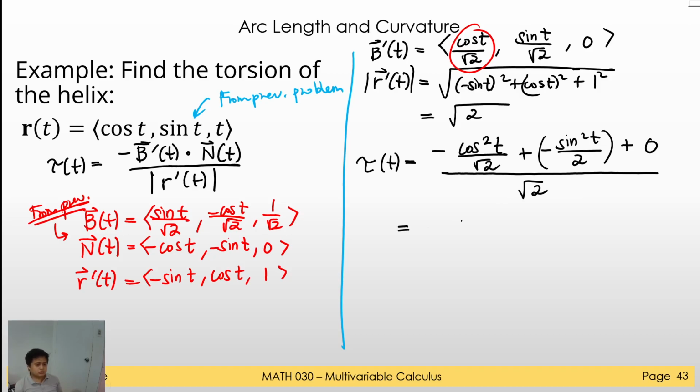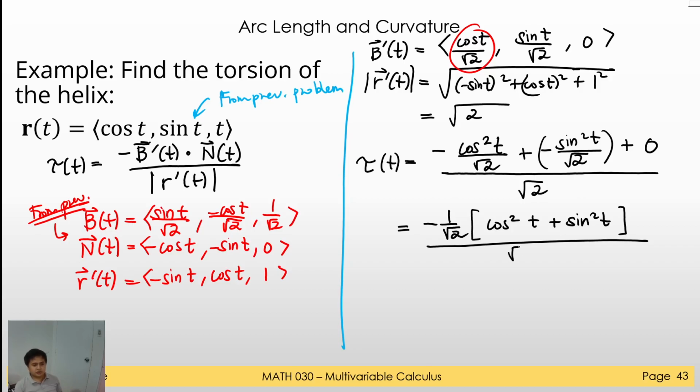Actually, we can simplify this by factoring out the 1 over square root of 2, so we have 1 over square root of 2 times cosine squared t plus sine squared t, over the square root of 2. We know that this is equal to 1.